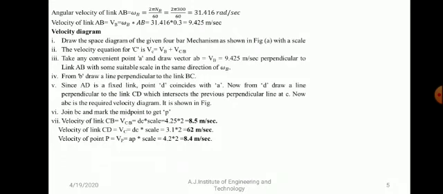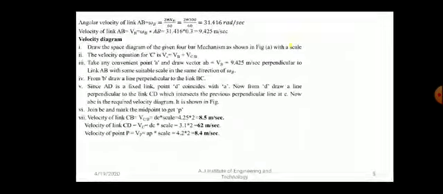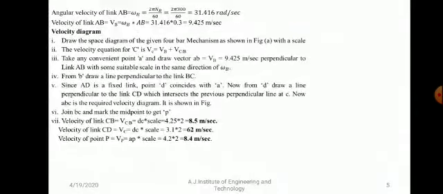First, you find out the angular velocity of the link AB, omega B is equal to 2 pi NB by 60, which is 31.416 radian per second. Velocity of the link AB can be calculated. VB is equal to omega B into AB, it is nothing but 31.416 into 0.3, which is 9.425 meter per second.